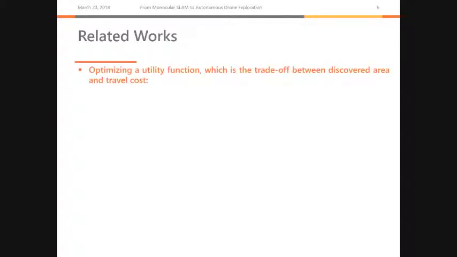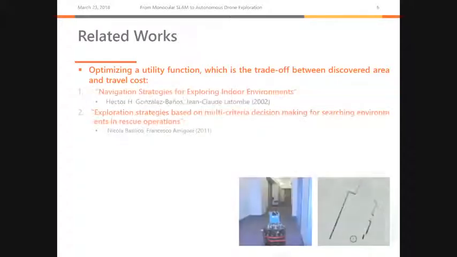After that, there were some works that talk about optimizing a utility function that is a trade-off between discovered area and the travel cost. So these are some of the papers related to these kinds of methods.